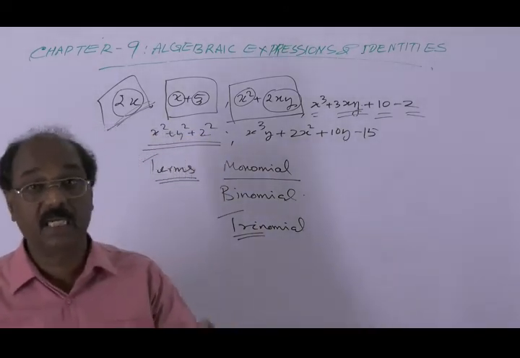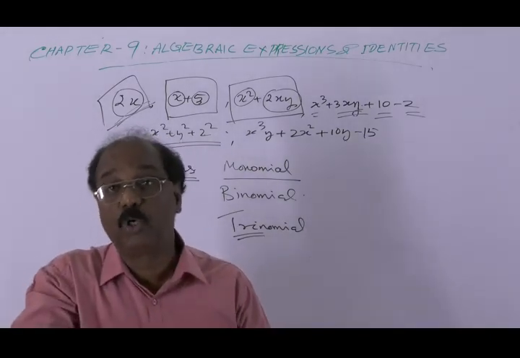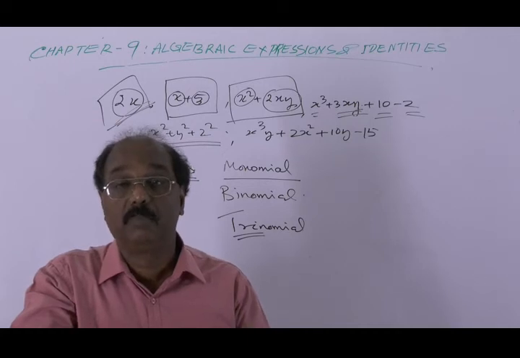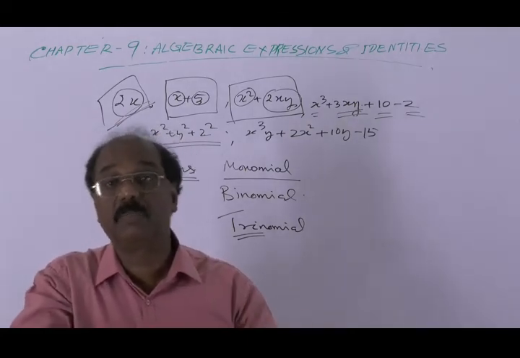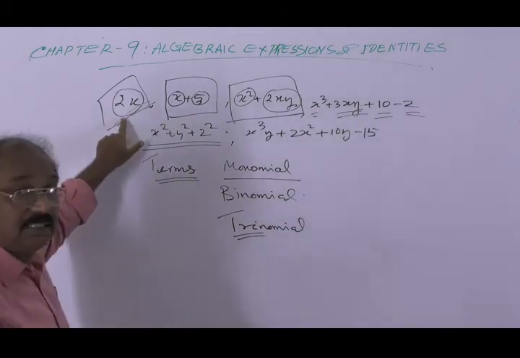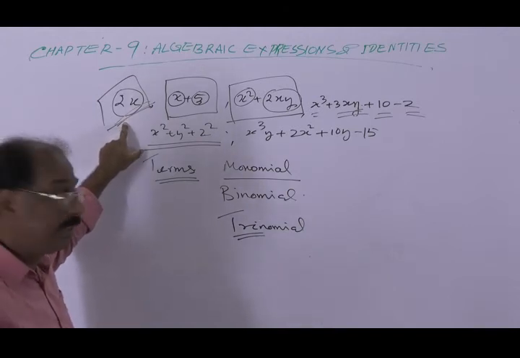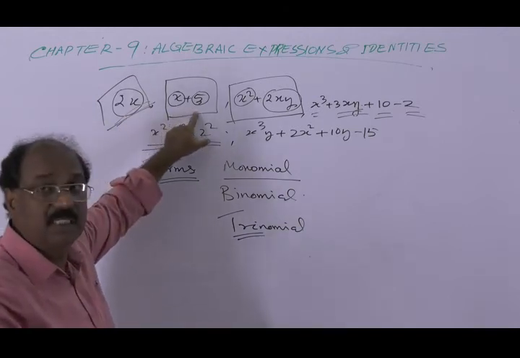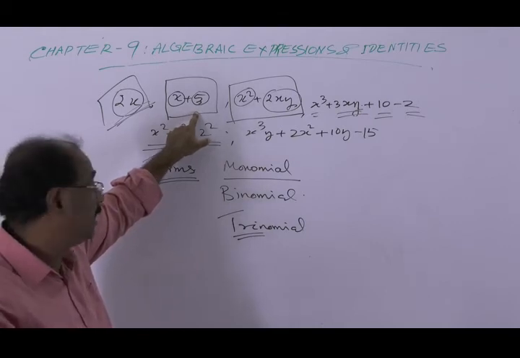Or in general, an expression is called a polynomial. Poly means multiple, with multiple terms. So 2x is a polynomial with only one term. It is also known as a monomial. x plus 5 is a polynomial with two terms, a binomial.